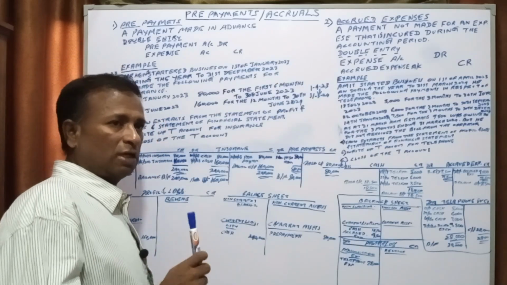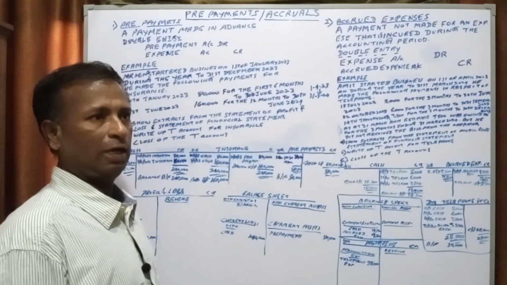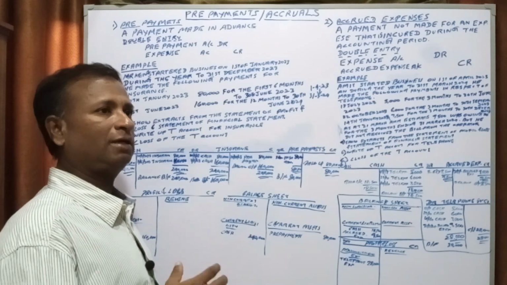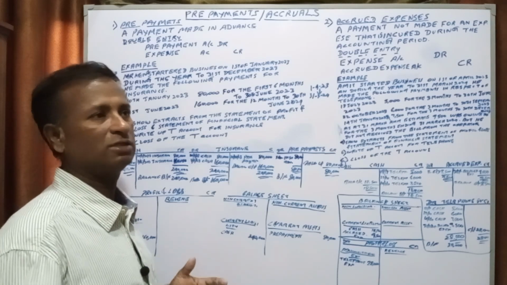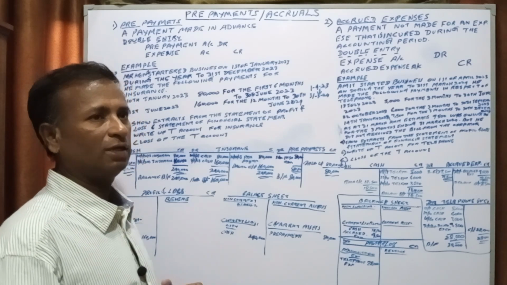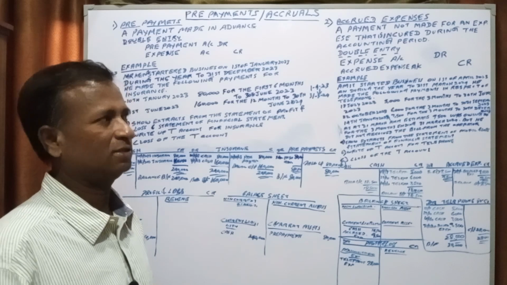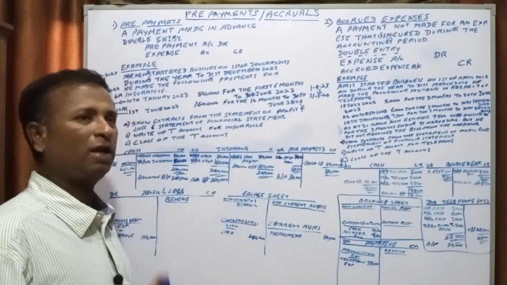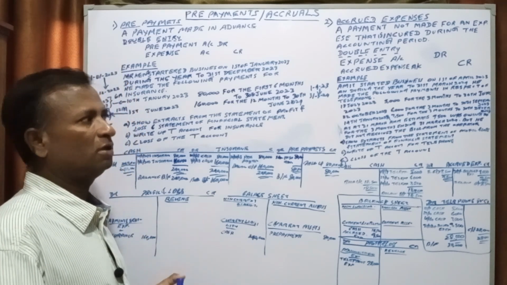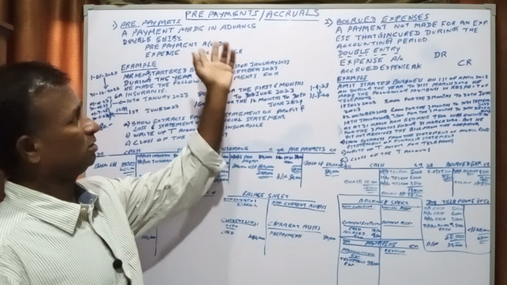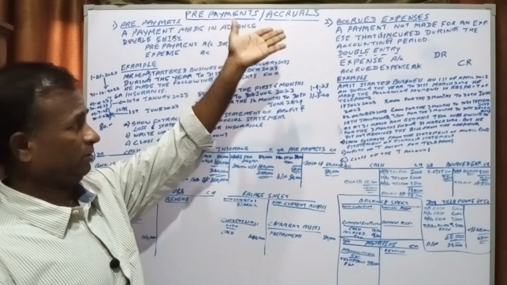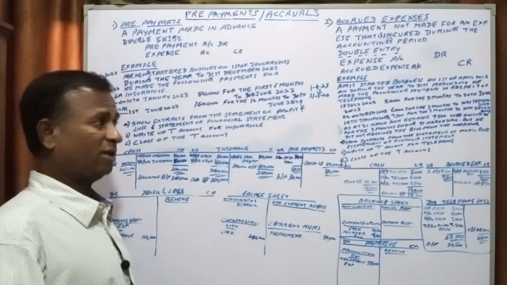These adjustments take place only at the time we are preparing the financial statements, right? Every month we are not passing them, because if we are preparing the final accounts every month, then of course we have to pass these prepayments and accrued expenses every month.